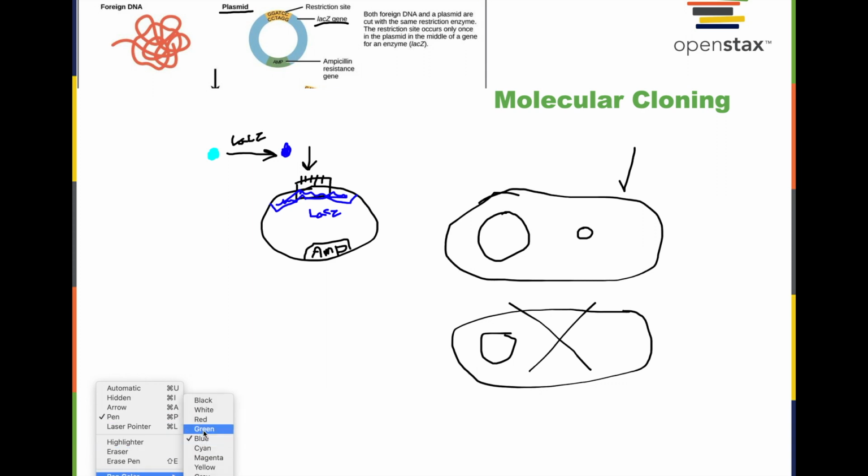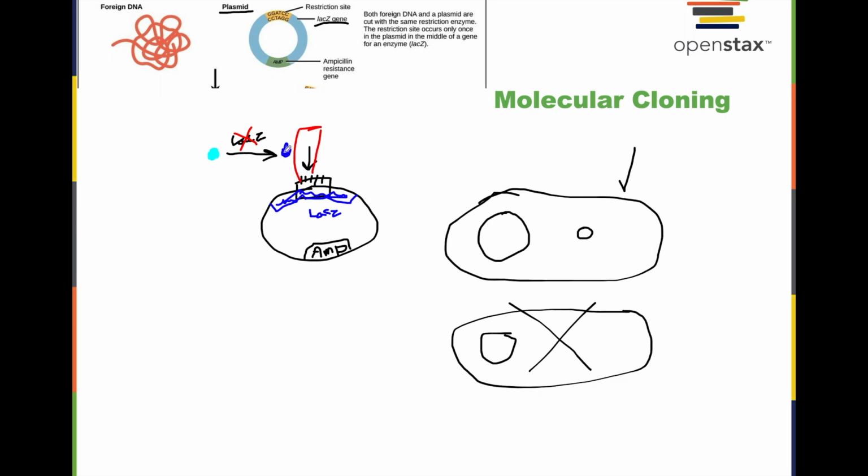What happens to this LAC-Z gene? So if you take this gene and clone it in here, you basically disrupt the gene for LAC-Z. So this LAC-Z isn't going to work anymore. Therefore, bacteria which have picked up plasmids that have a foreign gene in it are not going to look blue.